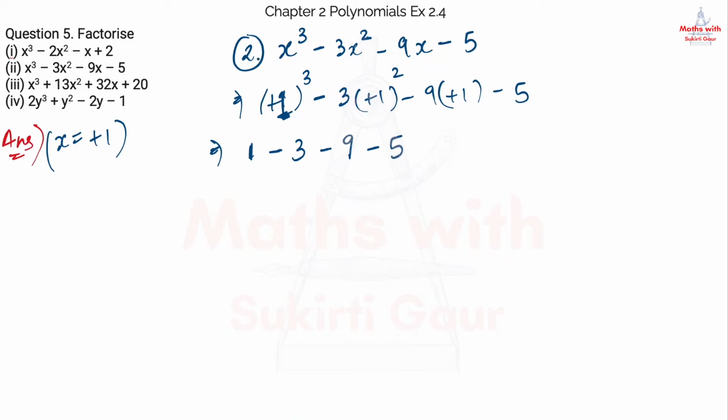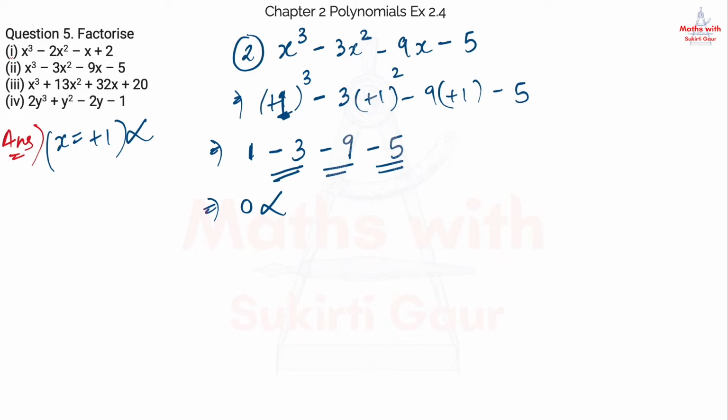Here we can see there are so many terms with negative sign, and they're never going to give us 0. So putting plus 1 is not correct. So x equals to plus 1 is not giving us 0. This value we do not need.